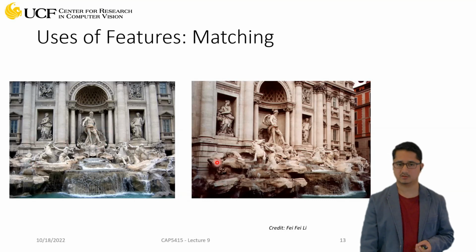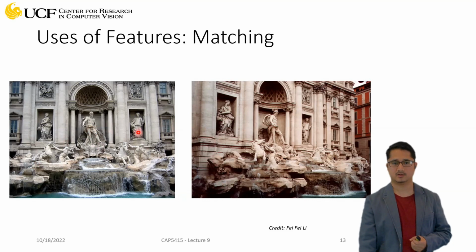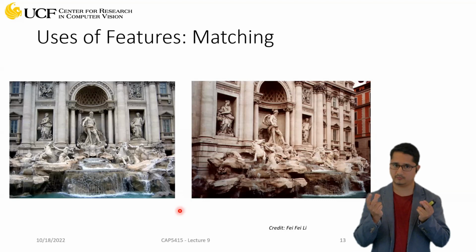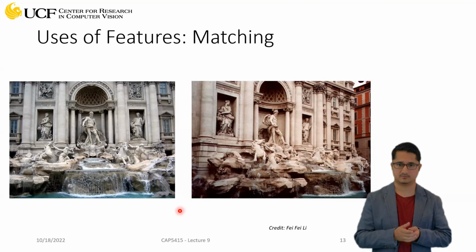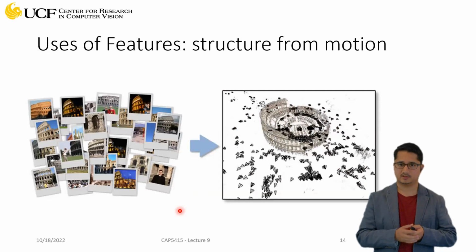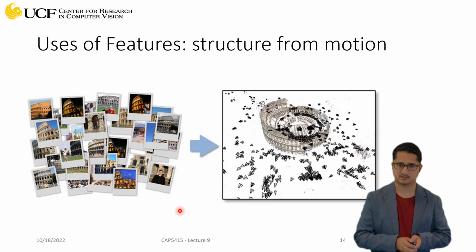But for a computer vision algorithm, it's a very challenging task. That's why we have to extract features in a compressed format, which can save the structural information present in this image, and instead of doing pixel-wise match, we match those features. So this is a very interesting application of features.